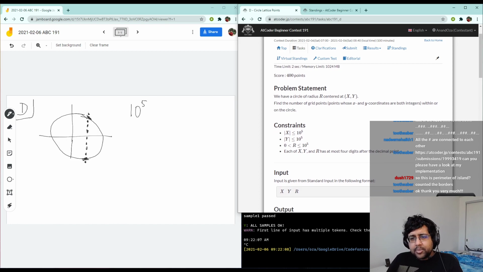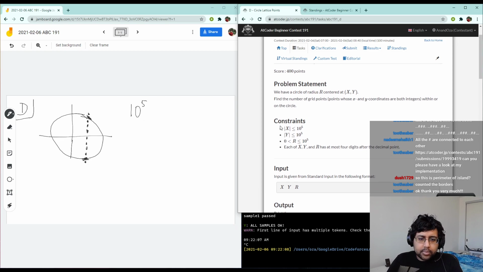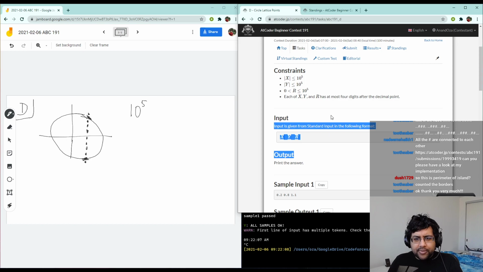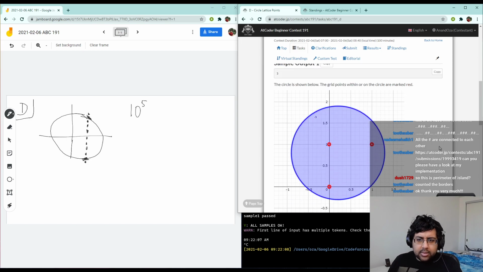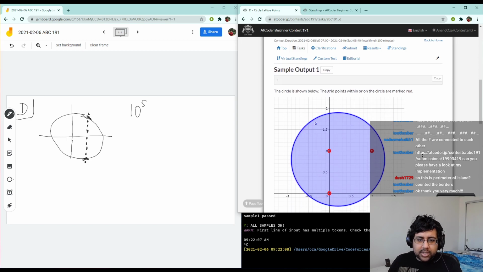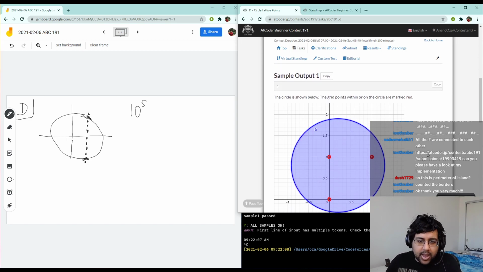Normally I always try to use binary search instead of floating point square root or anything like that, just because it's best not to use floating point. But here it looks like the input itself is already a floating point. So in that case, maybe I'll just try using floating point directly and see what happens.